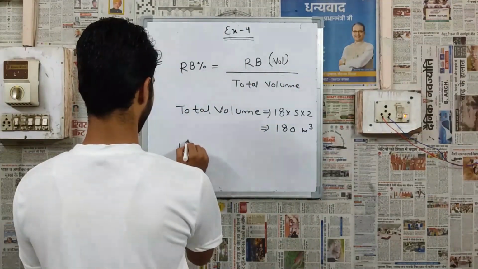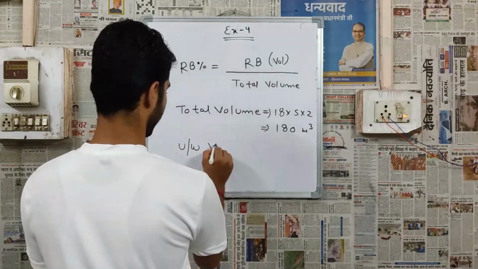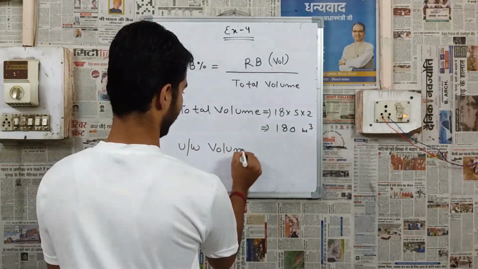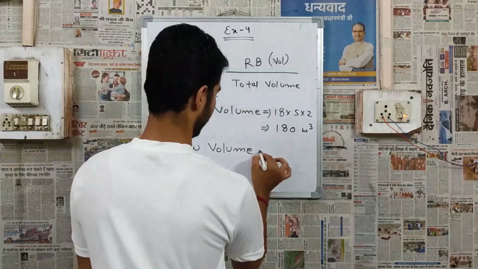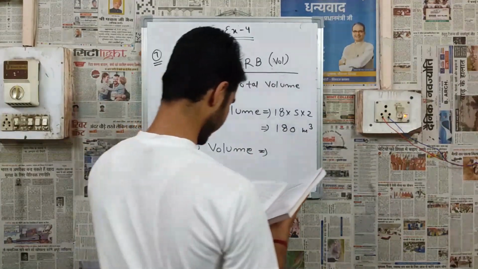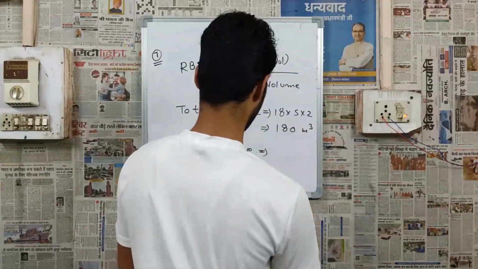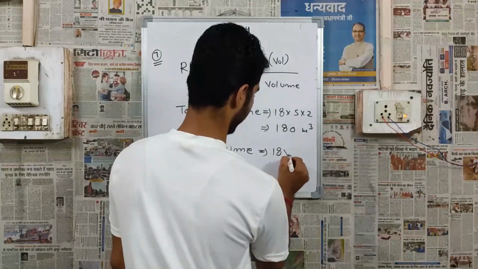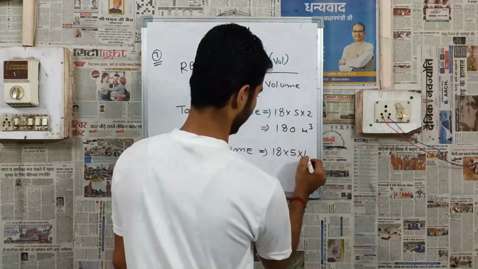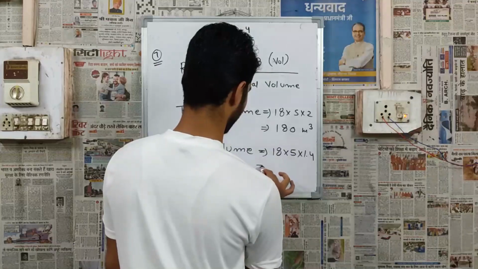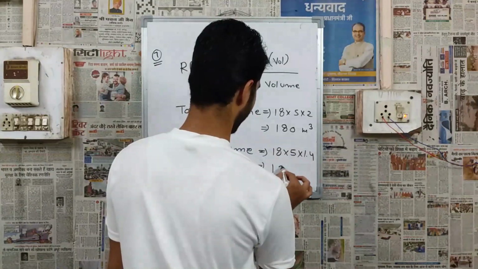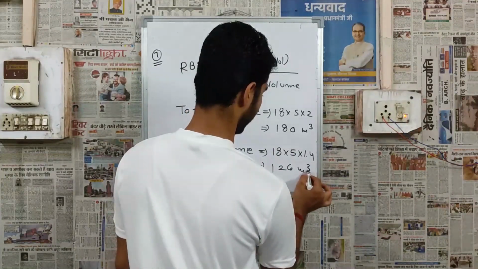And we need to find underwater volume also, and that is 18 into 5 into 1.4, which is equal to 126 meter cube.